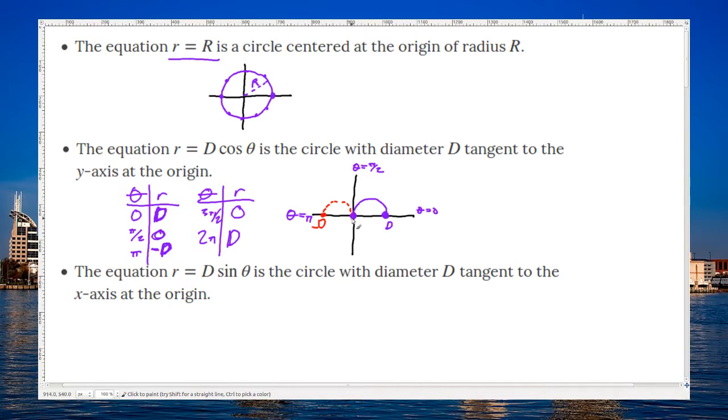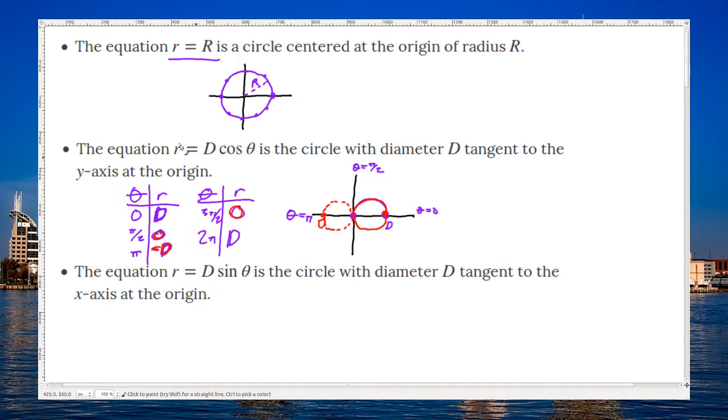However, because we're talking about negative values, those get flipped to the other side of the xy plane. Likewise, we went from 0 to negative d between pi over 2 and pi. Going from pi to 3 pi over 2, we would decrease to 0, but that just means we're going from the opposite side around like so.